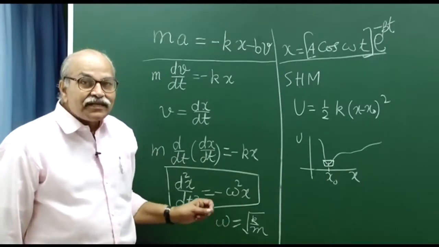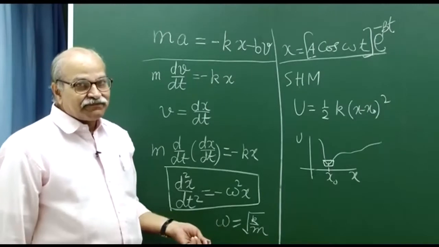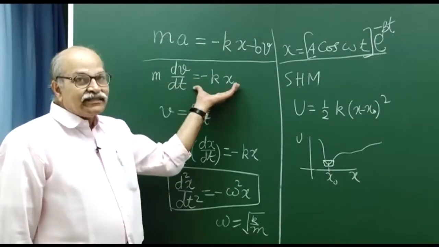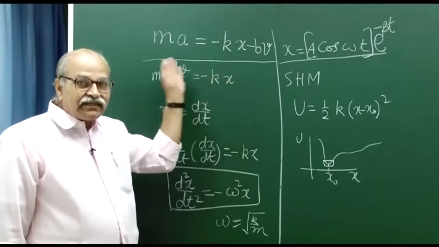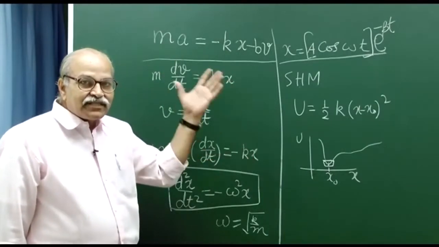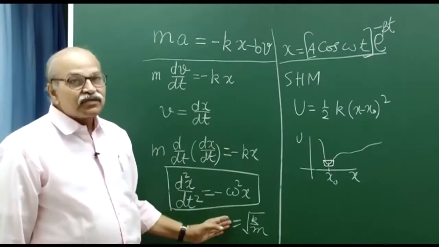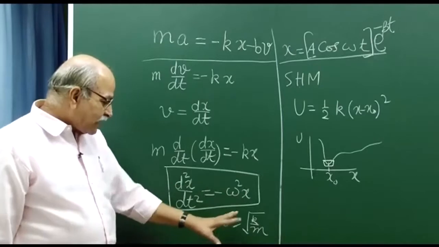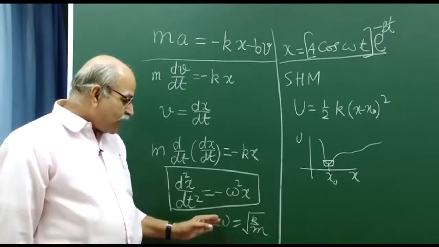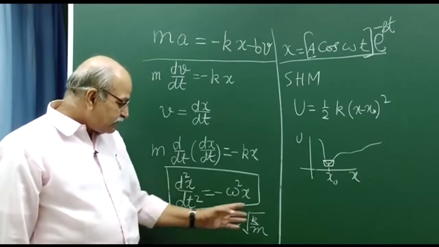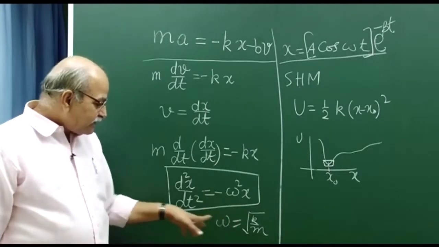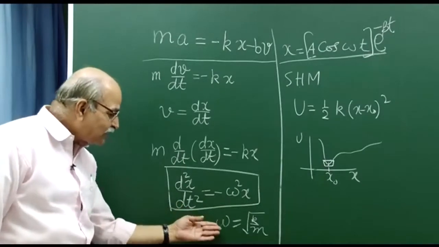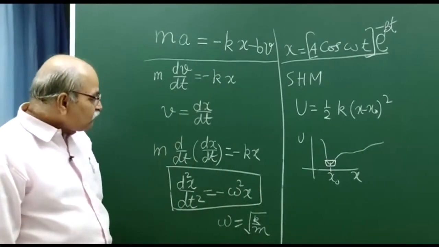We call it the natural frequency of the system. If this system, which includes the object and the restoring force, decides this, then it will oscillate with this particular frequency. This omega is called angular frequency, so that difference is there. Your frequency will be something like this divided by 2 pi, but we generally call this also frequency.